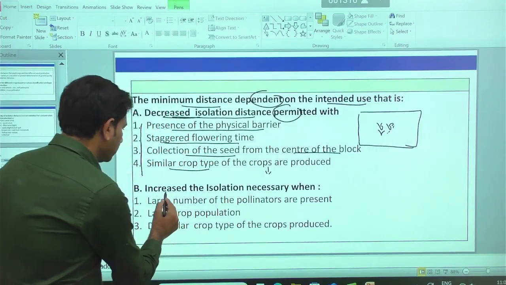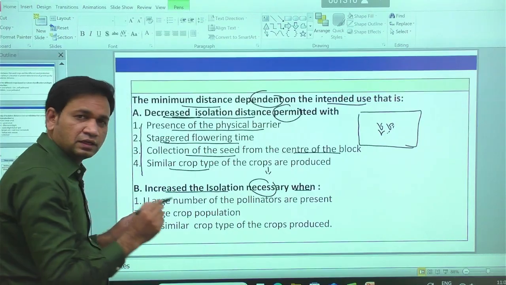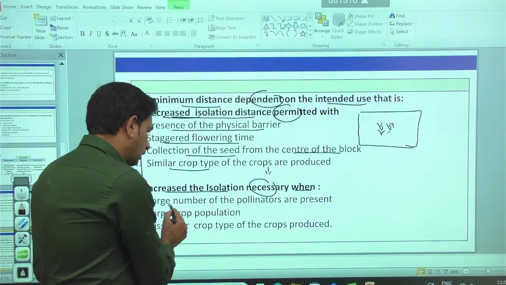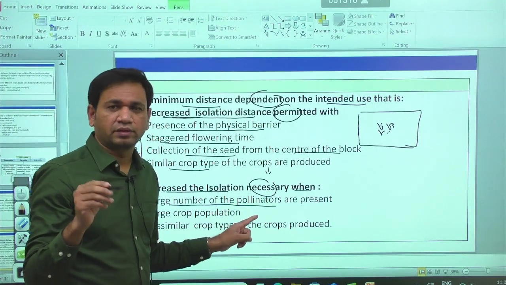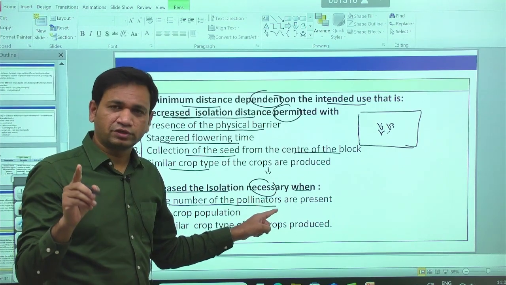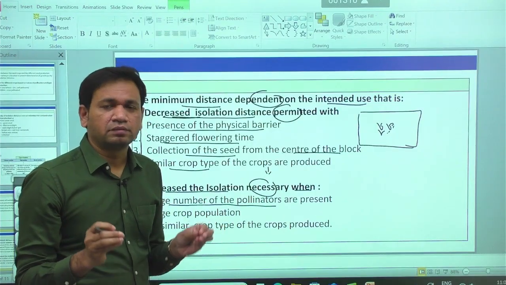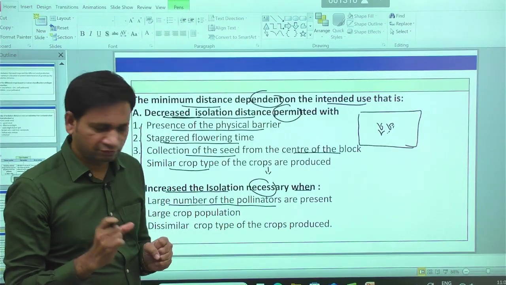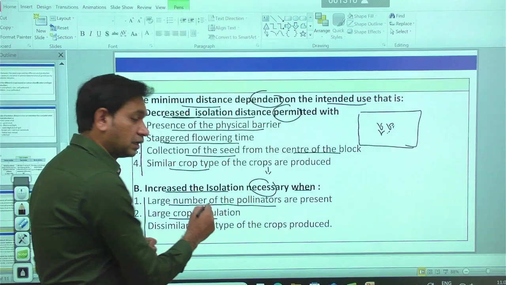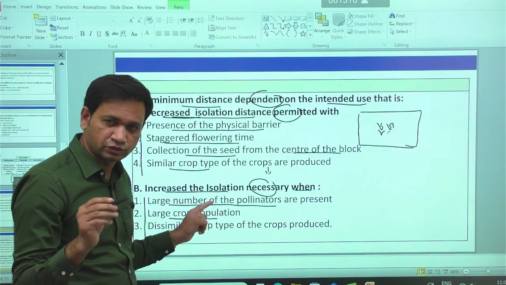And increased isolation distance is necessary under the following conditions. Whenever you have a larger number of pollinators in the given ecosystem, pollen contamination is generally more. That is the reason we need to maintain more distance from one field to another field. Then whenever you have a larger crop population, isolation distance should be more.